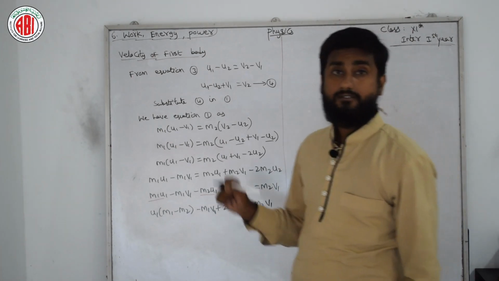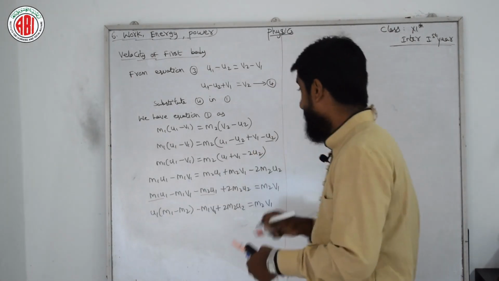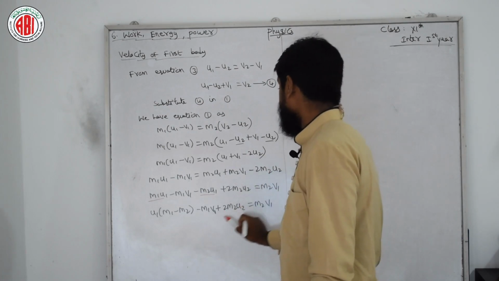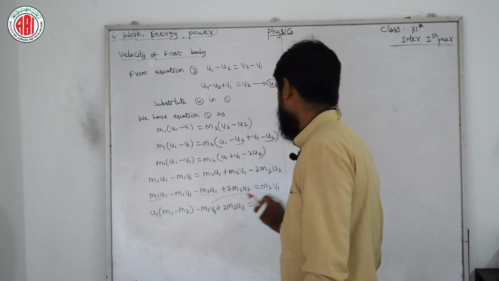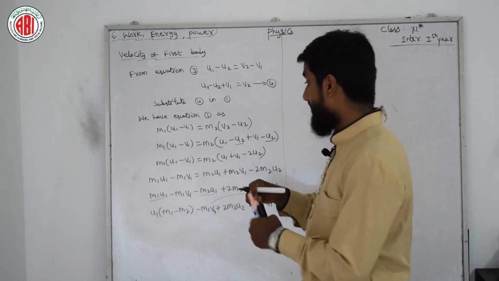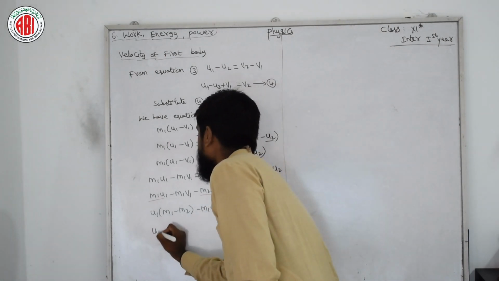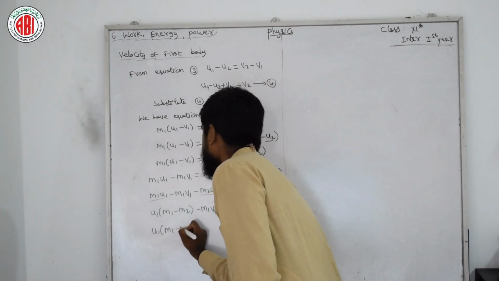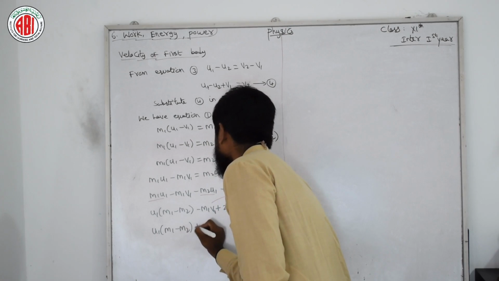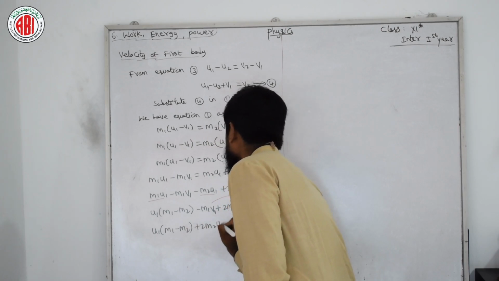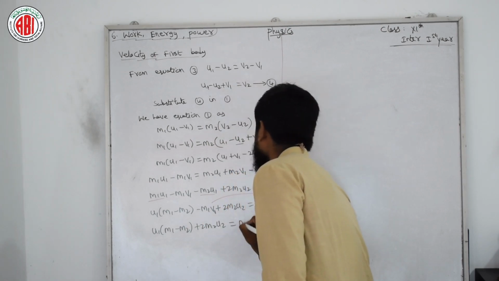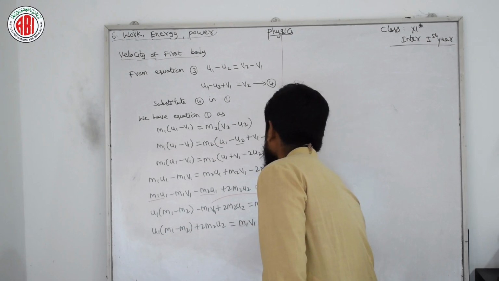Here we have one more twist: we need to bring the v1 terms to one side. So we get u1 into m1 minus m2 plus 2m2 u2 is equal to m1 v1 plus m2 v1.